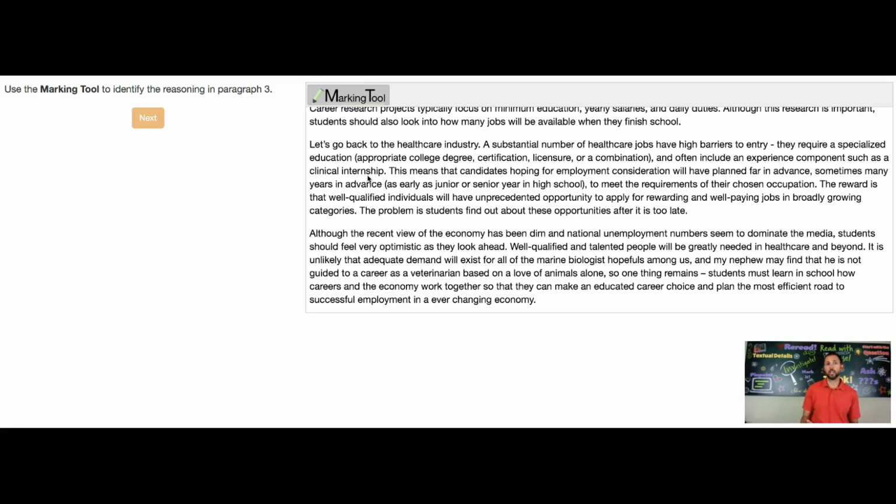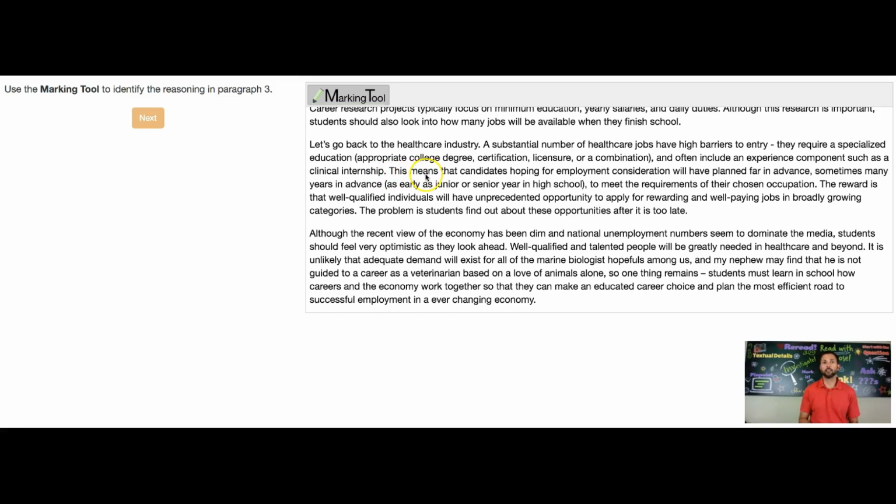This is explaining that there are barriers to entry, that it's not easy just to walk into the healthcare industry, that you're going to need some sort of post-secondary education, you're going to need some sort of certification or licensure, so that you need something more, of course, than a high school diploma. Now, that's the evidence. So let's take a look at where the reasoning begins.